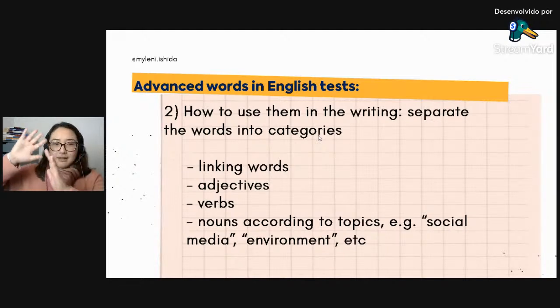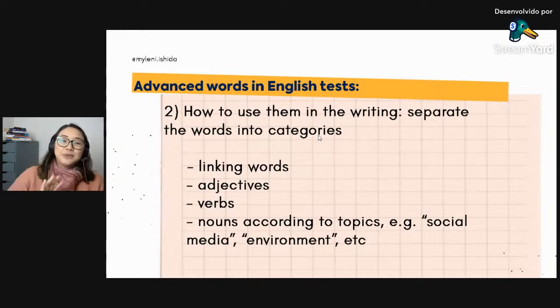Inside this topic of social media, you can think about nouns and also adjectives, for example. Okay? But separate from that, you can have a list of linking words, for example, that are more advanced and they are helpful not only in the social media topic, but in any topic you have to write.